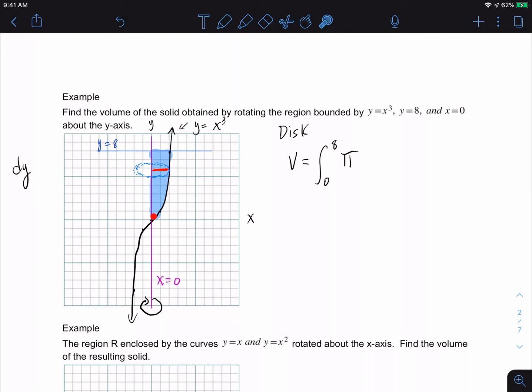This function here, we know it to be x cubed, but we need to write it in terms of y. So I need to solve that out. y is equal to x cubed would become the cube root of y is equal to x. Okay? So the function that I need here is the cube root of y, that squared, dy. Are we okay with that?